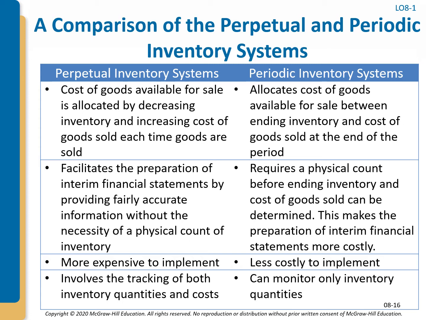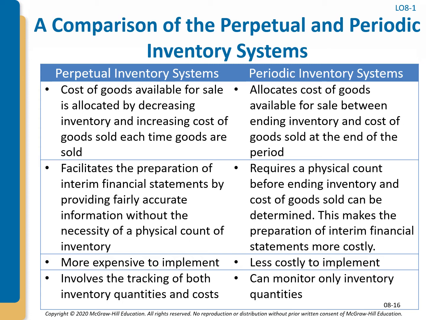The perpetual system is more expensive to implement, mostly because of the technology that is required to keep track of all of the items in inventory. A small company may not need big technology, but if you're a company like Walmart, you have to have RFIDs and other types of electronic systems, barcodes in place that make it easy to scan items and track items and check them in and out of inventory.